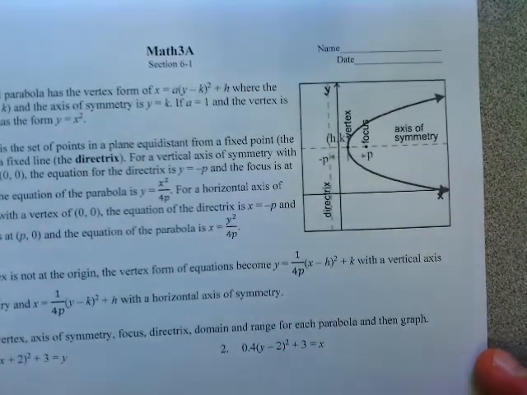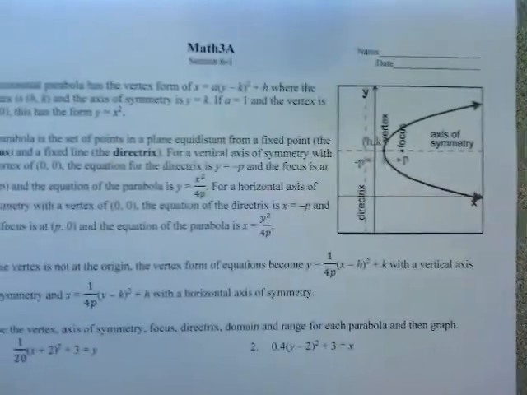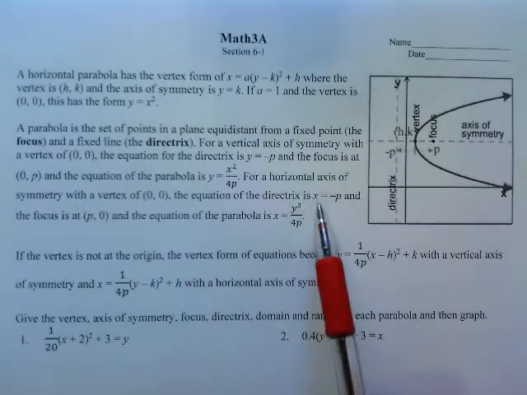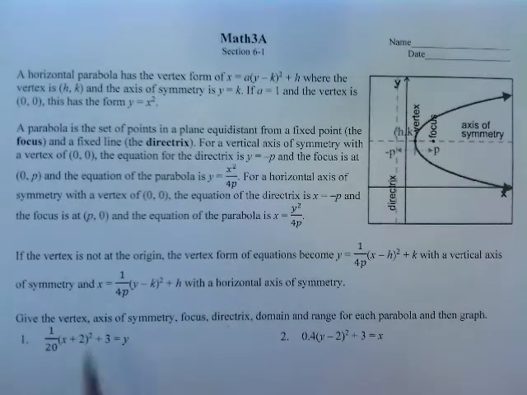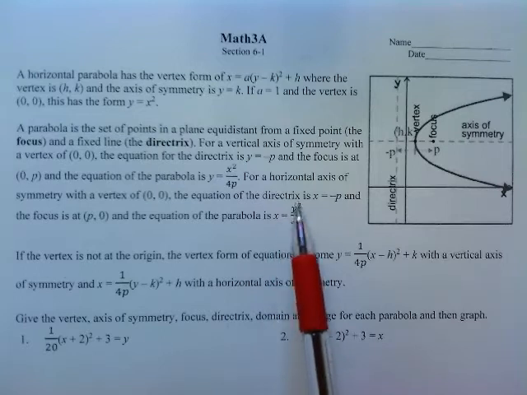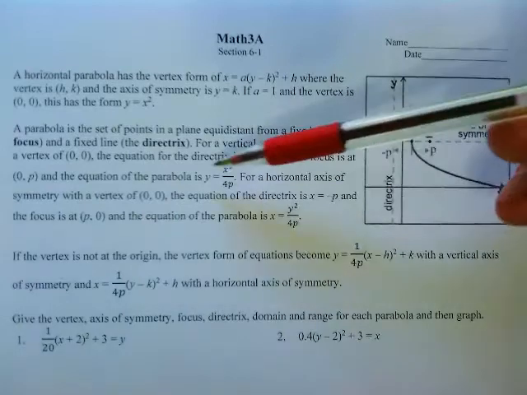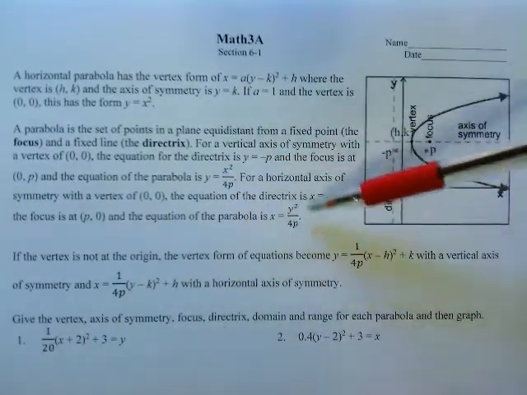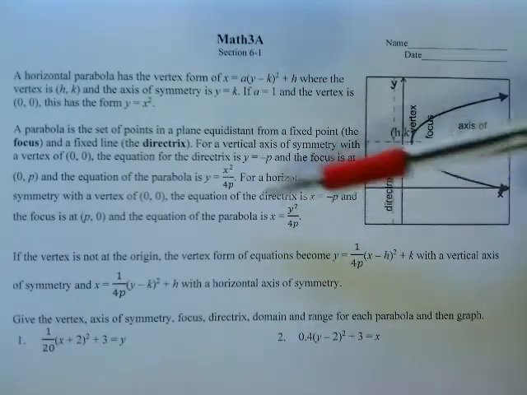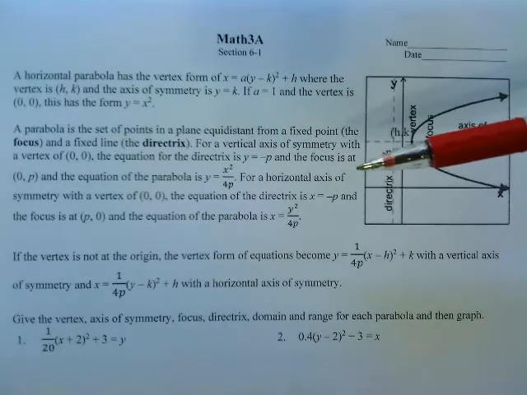For a horizontal axis of symmetry, the directrix is at x equals negative p, the focus is at (p, 0), and the equation for the parabola is x equals y squared over 4p. So you can see the way the two forms go. Again, this would be for the parabolas that we've been dealing with so far, and then this would be for the ones that are horizontal.